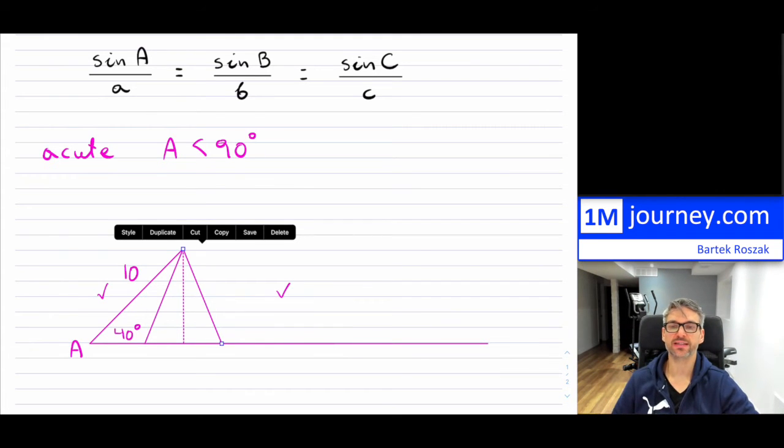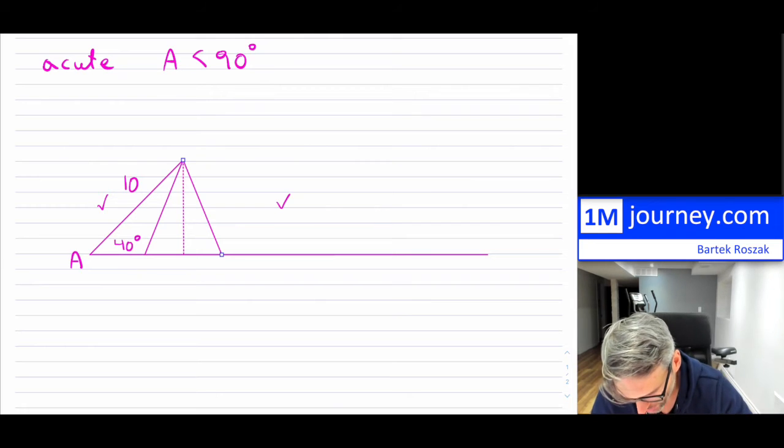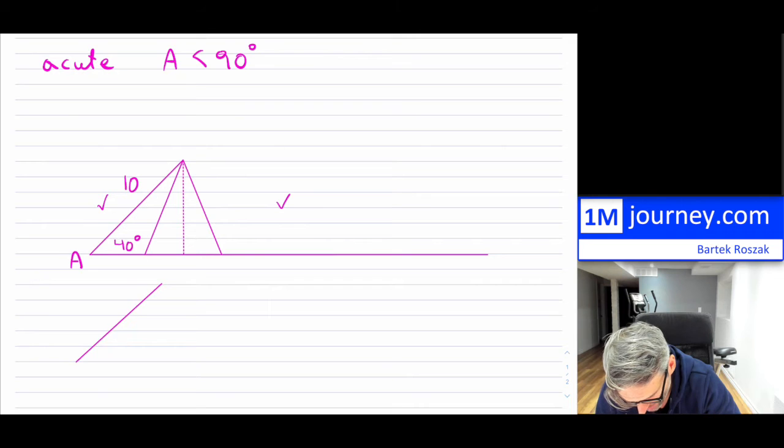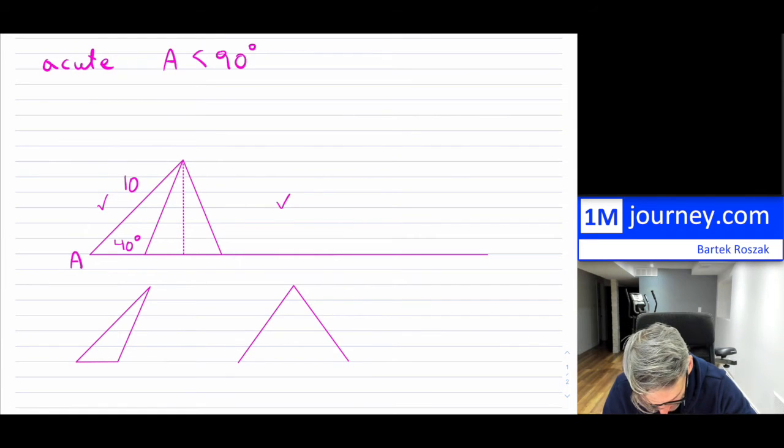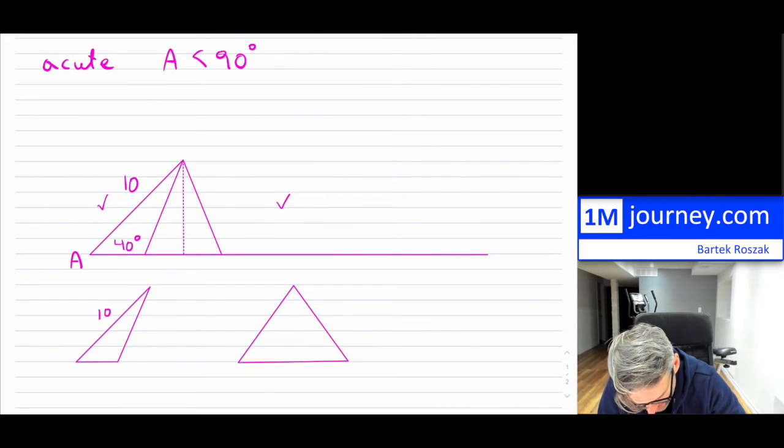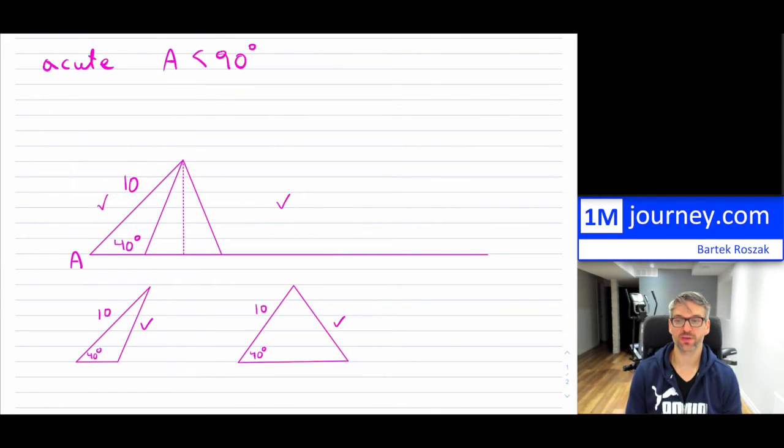These are the two instances that we can have. If I redraw it, we can have this happening. You can have a triangle, and I'm going to try to draw it. It's either going to look like this, or it's going to look like that, where this is 10, this is 10, this is still known, this is 40, this is 40, and this is exactly the same length.